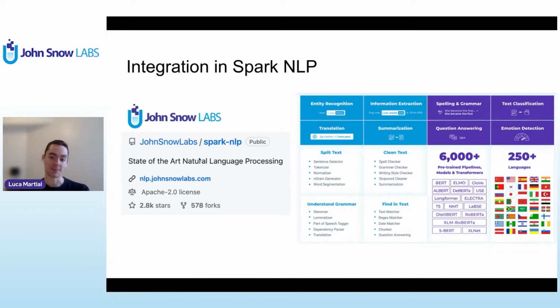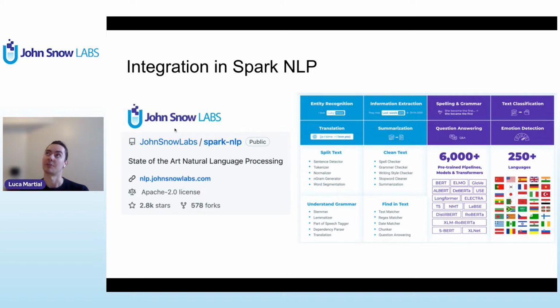Spark NLP is a very popular open source NLP library that's built on top of Apache Spark, which gives it the very unique ability to scale on clusters and process huge amounts of documents. And this, among many other things, makes it currently the most used library in the enterprise sector. The library is actively maintained by Johnson Labs, and it has close to 2 million downloads per month.